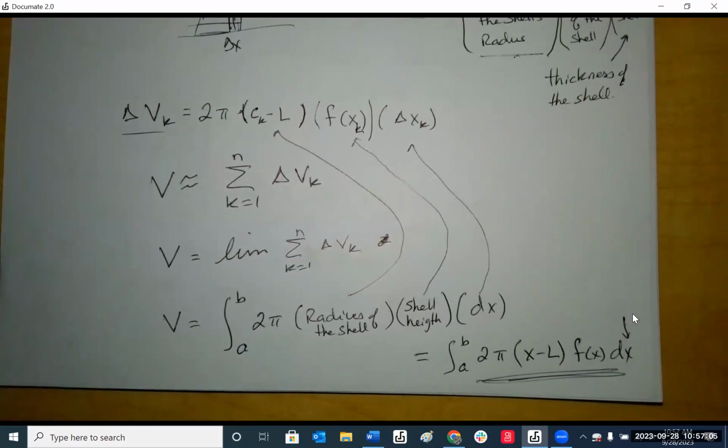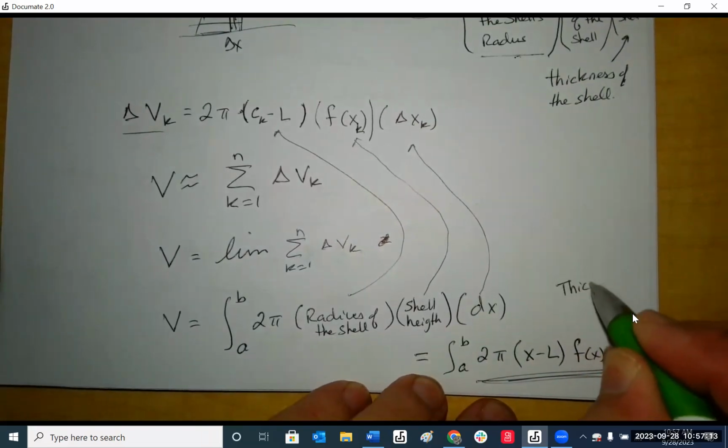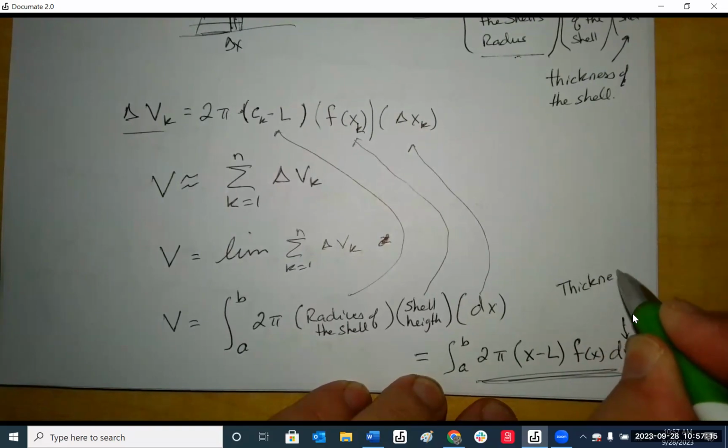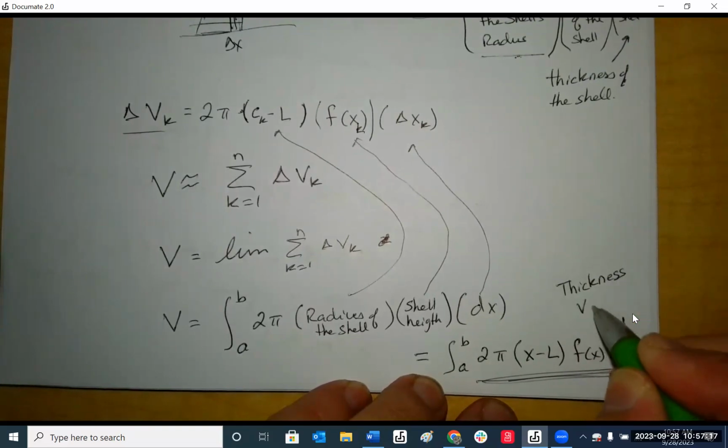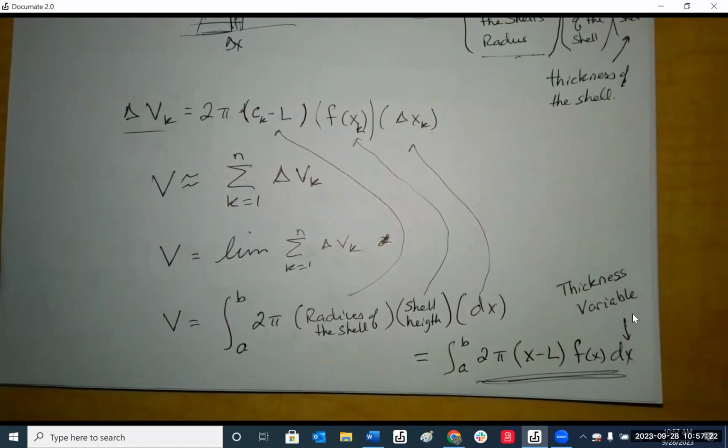Since we're integrating with respect to dx, the variable we're using is called the thickness variable, because it's the width. It tells us how big a slab the x's are going to be.